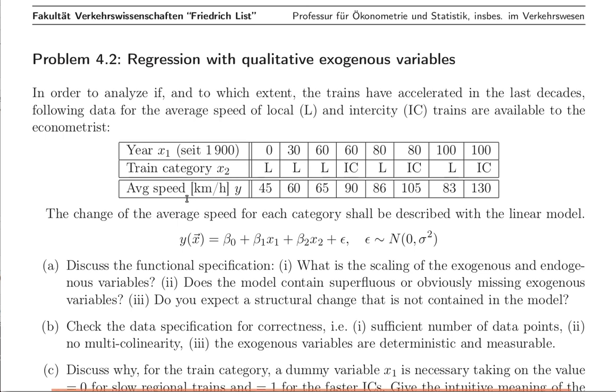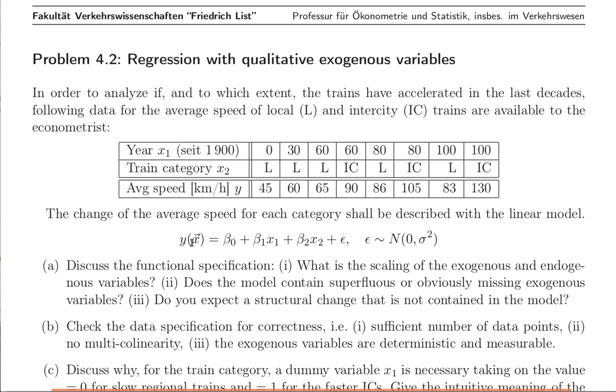And the endogenous variable here is the average speed. That means the speed including stops at the station, which increases over time and also is faster in intercities versus local trains. We use the following model.